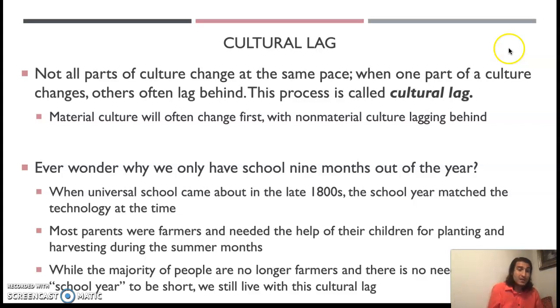Shorter class days, or maybe only have school Monday, Wednesday, and Friday every week. But we still have this result of cultural lag, where we still have summers off as a result of this previously established norm in our society that was designed to match the technology and the needs of culture at that given time.